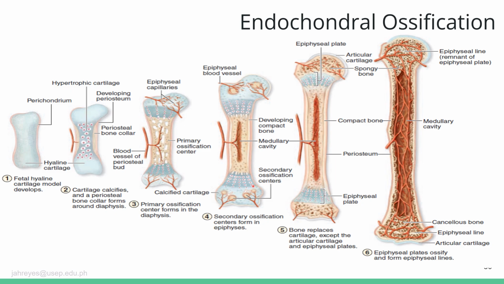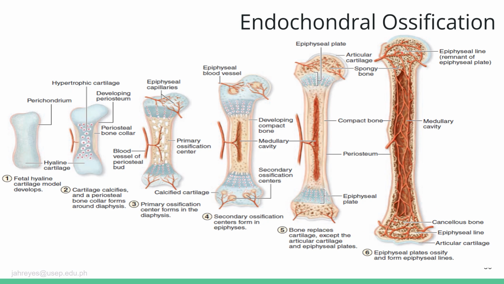Next, there is the secondary ossification center, so that will occur at the end of the bone or the epiphyseal areas, and this will contribute to more bone formation, and the bone will replace all the cartilage inside except for the articular cartilage, which will stay at the ends of the bone.